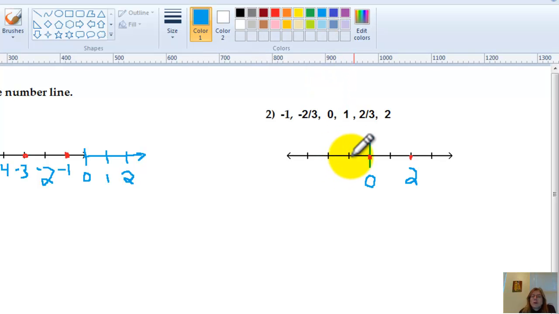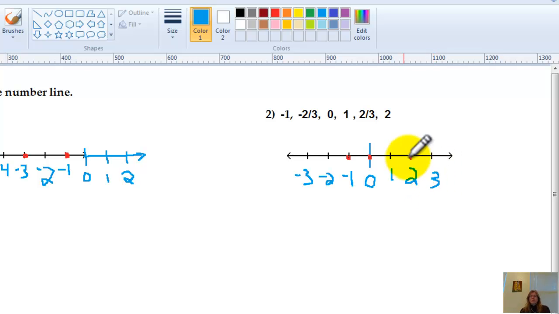So let's put -1. That's that little tick mark right there. Let's make that point. -1. Of course, if you kept labeling all the little tick marks, that one would be -2, that one would be -3, this one would be 1, and this one would be 3.